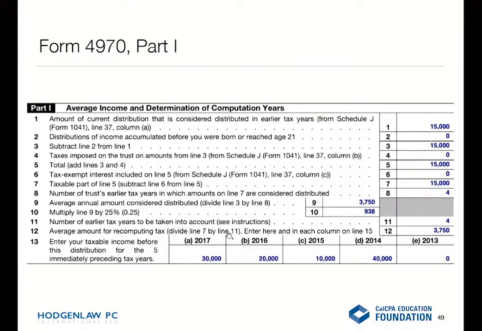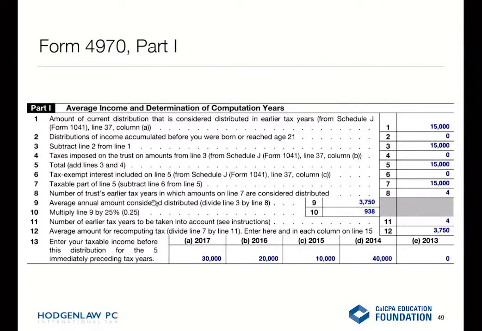Just for sake of simplicity, I'm putting zeros for some of these numbers. Distribution of accumulated income before you were born or reached age 21. We're not going to worry about that. Tax imposed on the trust, not going to worry about that. We're just assuming that in this situation our facts are pretty simple. So we end up getting to taxable part of line 5 on line 7 here, $15,000.